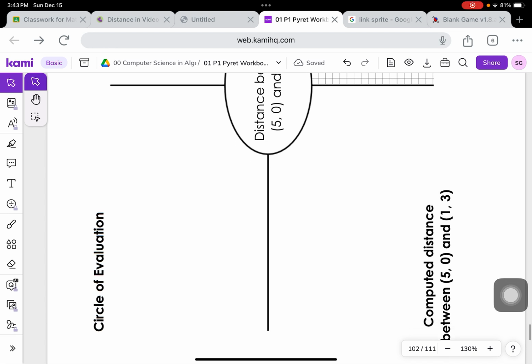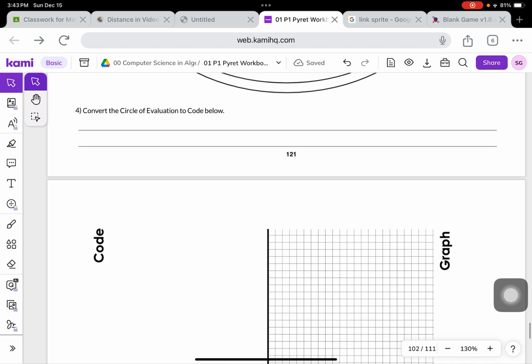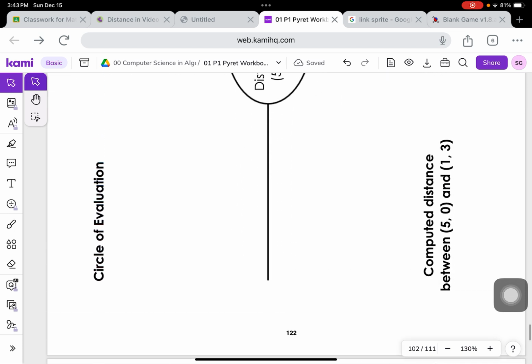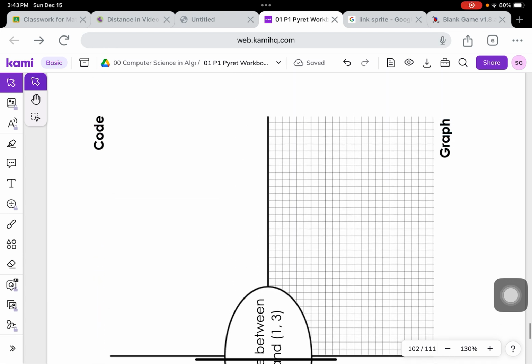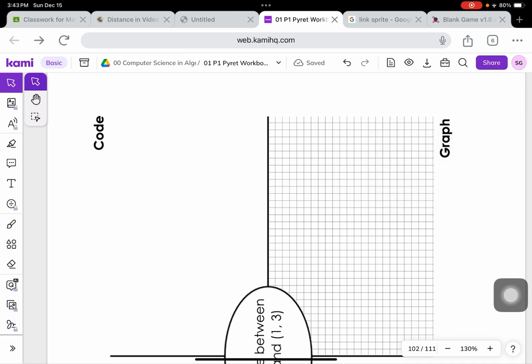Okay, so let's rotate this around. So this is a graphic organizer. Where's the rotate feature?